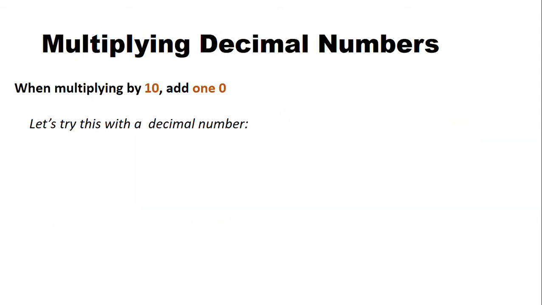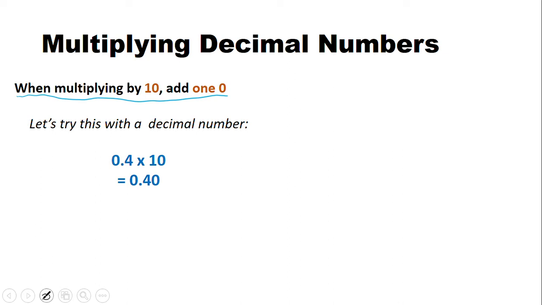So the question is now, well, does this work with decimal numbers? And so let's take this first rule that we had. When multiplying by 10, add 1 zero. So let's try it. We have 0.4, and we will multiply that by 10. When we do that, using that rule, we would get 0.04.